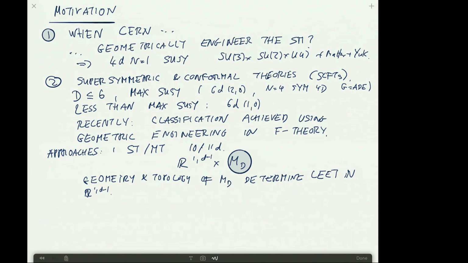So this is approach A, and there's another approach, approach B, where you say, well, we're looking at gauge theories, so let's just consider branes probing such geometries, such compactifications.